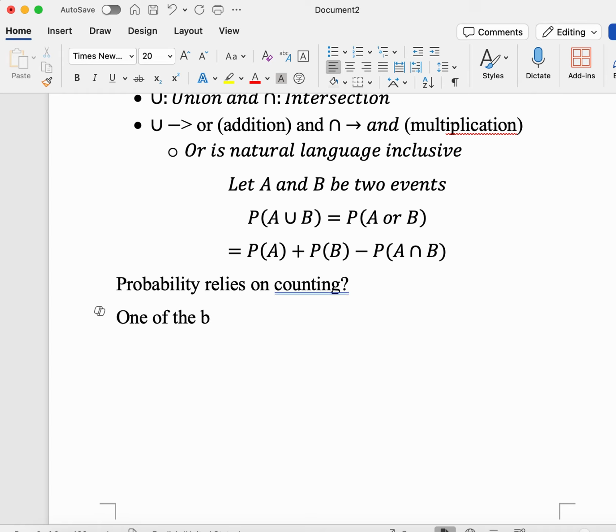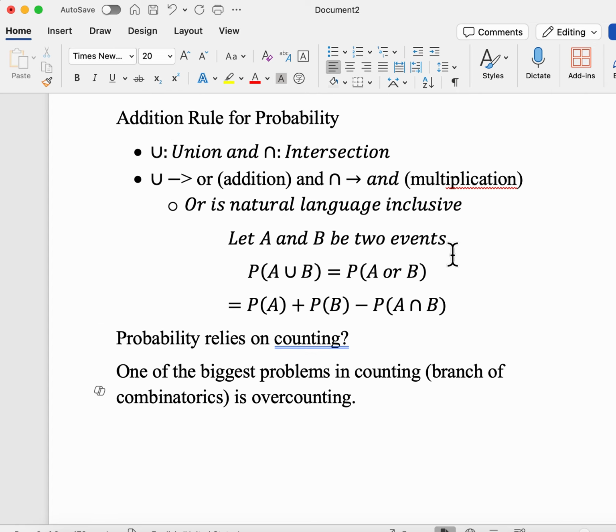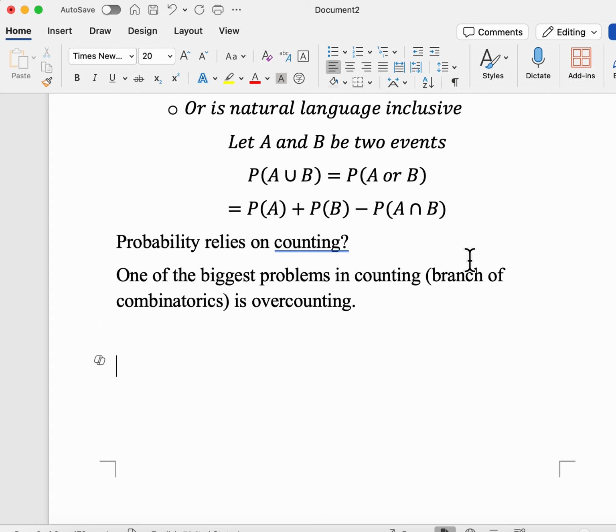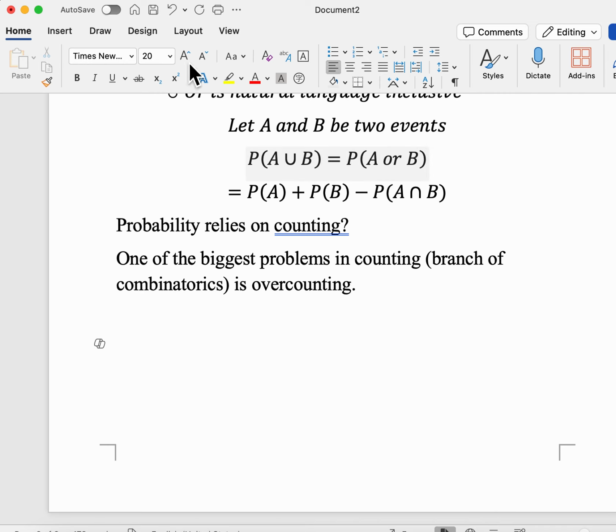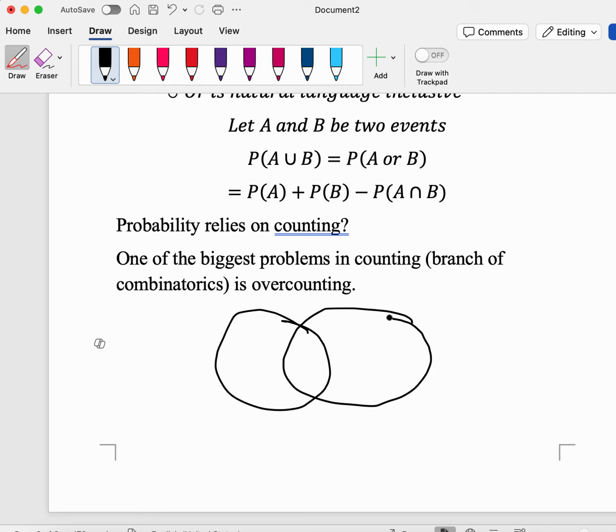One of the biggest problems in counting, or the branch of combinatorics, is overcounting. You count more than what is needed. And this can happen in the following way. Let's say you have two regions drawn like this. It's almost like a Venn diagram, but it doesn't have to be. It can just be any two arbitrary overlapping regions.